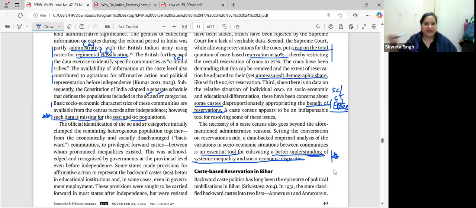So when you are making the gist, you write that clear, systematized, quantifiable data facilitates a better understanding of systematic inequality and socio-economic disparities, which further aids in policy designing and implementation. All the keywords from your syllabus connected to what is in front of us.